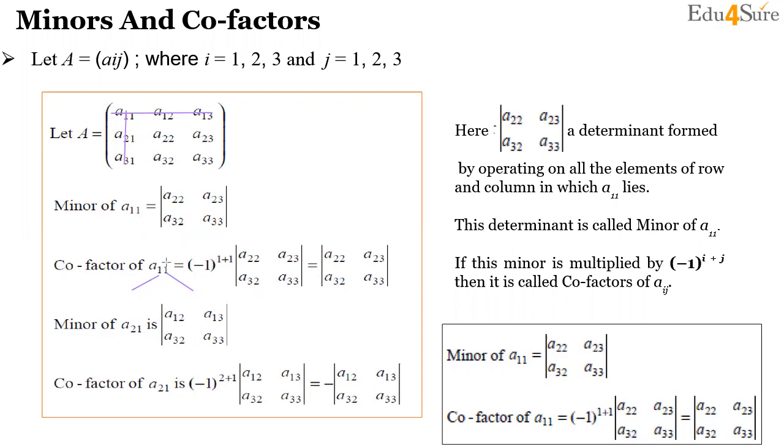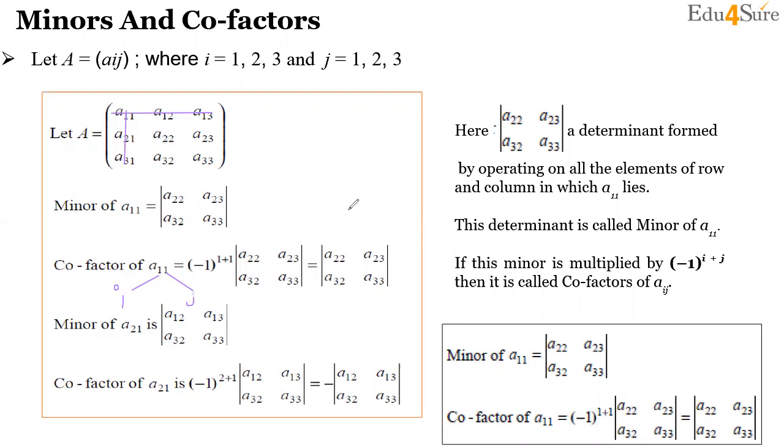In that way we find the cofactor and minor, and the cofactor will look like this. Similarly, for A12, it will be 1 plus 2, because the I value is 1 and the J value is 2, right? So like this it works.